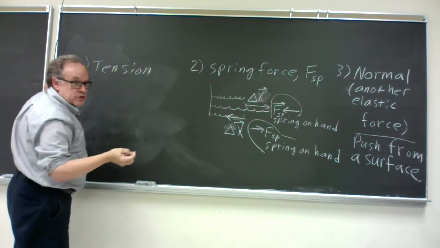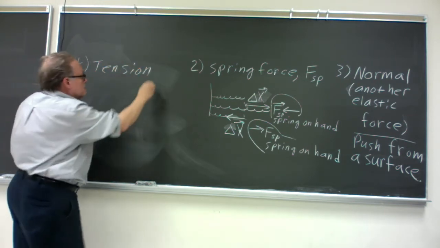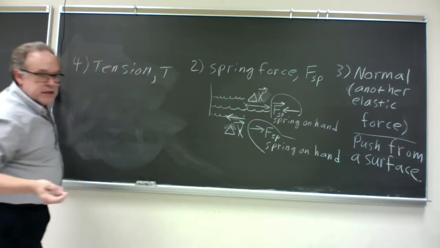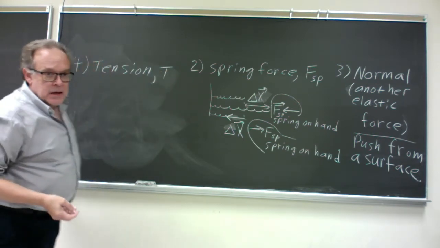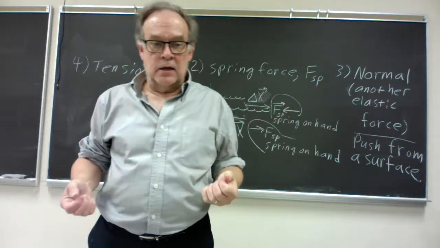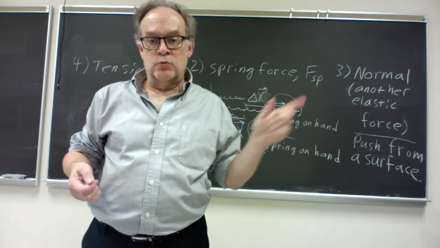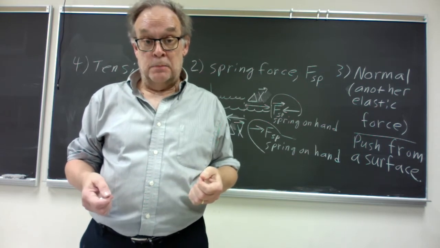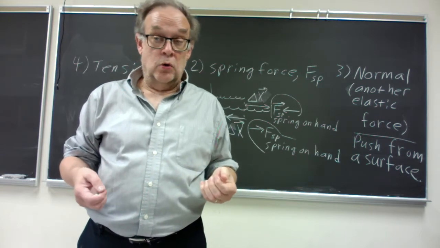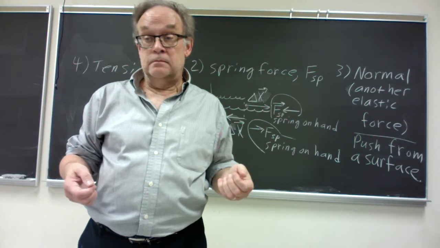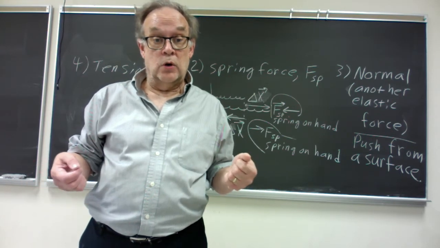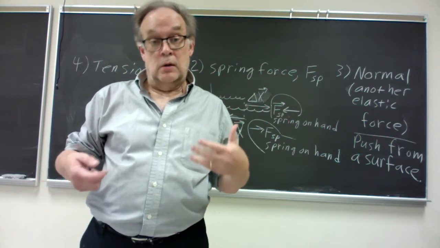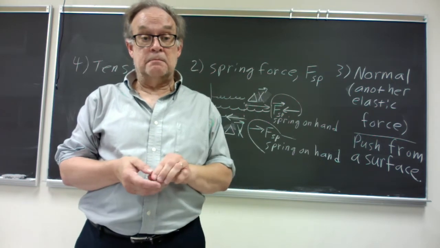A tension force, and I'll usually use just plain T as the algebraic symbol for a tension force. Whereas a normal force was a push, a tension force is a pull. A pull from a rope or a chain or a rubber band or a muscle in many cases.